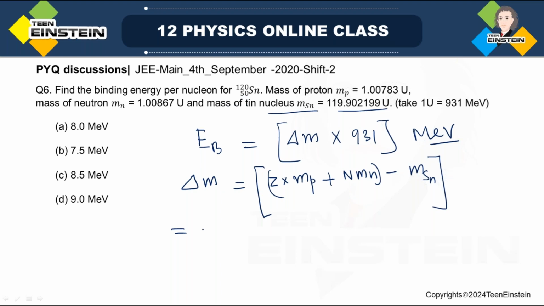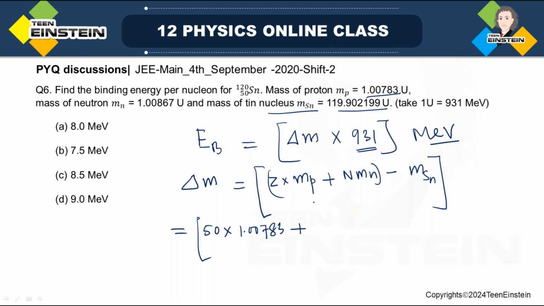See here, Z is actually 50. So 50 into Mp, the mass of proton, 1.00783. I'll tell you one thing here, you should not approximate anything, otherwise you will not get the correct answer. So you have to take all 5 digits, because this factor is actually very large. Even if you get a very small difference over here, this will make that difference very large.